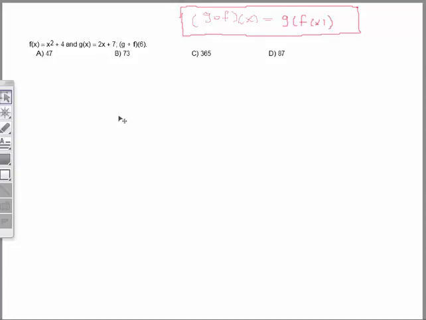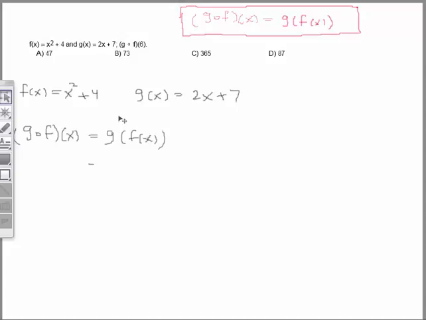Okay, so let's talk about this a little bit. Make sure we can follow this. If I have, in this case, f of x equal to x squared plus 4, and g of x equal to 2x plus 7, g of f of x means what we do here is substitute whatever we have for f of x.